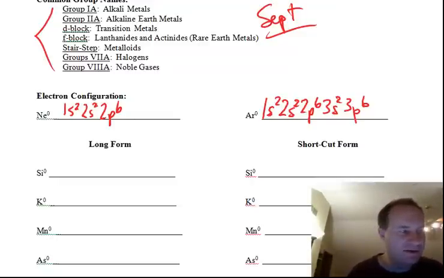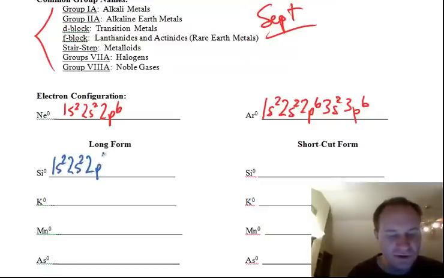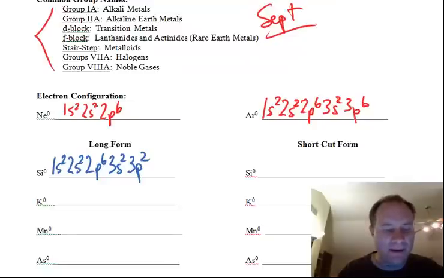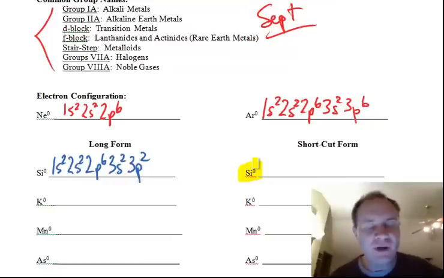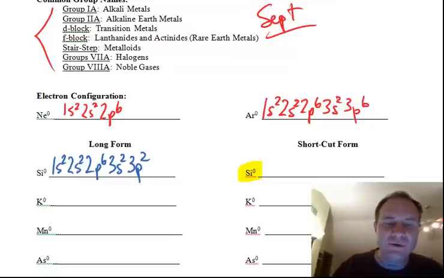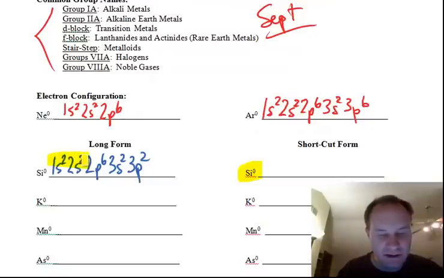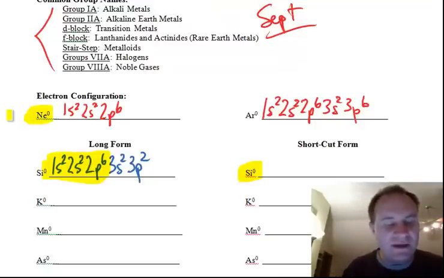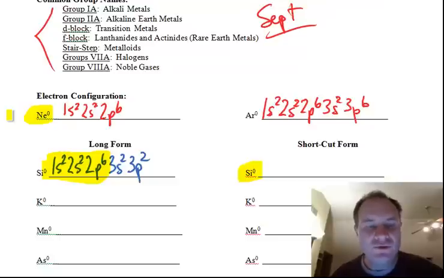For silicon, what I have would be 1s2, 2s2, 2p6, 3s2, 3p2. And what I want to point out here is, as we deal with this shortcut form, which I think you're already probably pretty familiar with, we're going to say, you know what, silicon here, all of those electrons that I've highlighted, those are the exact same thing as what neon has, a neutral neon.